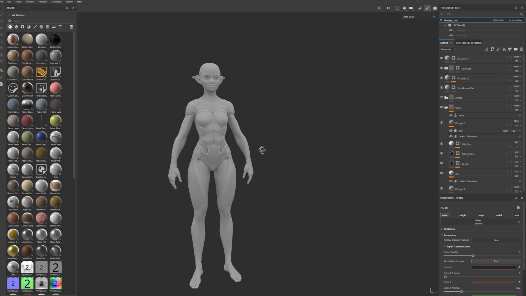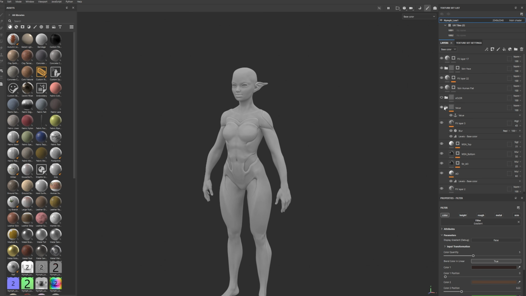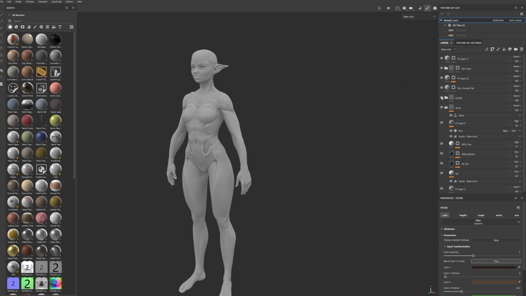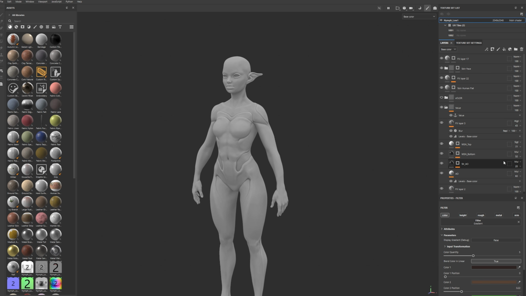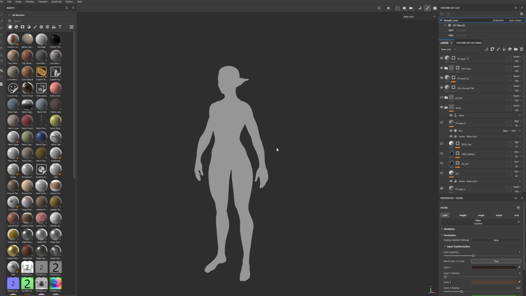But just to illustrate something, the way that I usually go about this is using values. This folder right here is the one that's building everything. All the colors on top of that are dependent on the values folder. So if I were to turn these off, this is what it is.